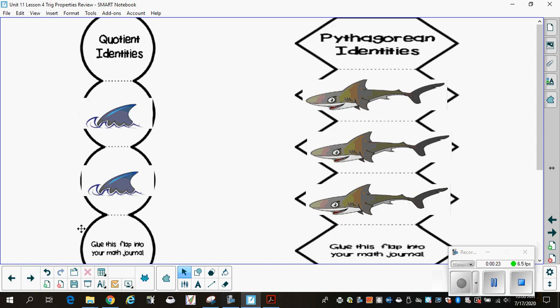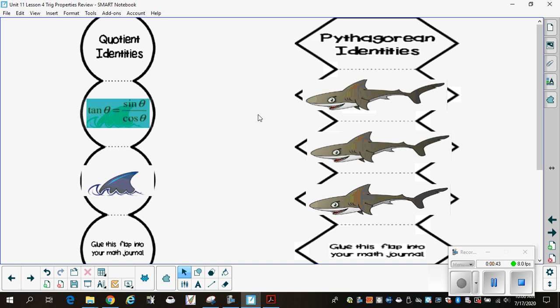You can cut out this snowman-looking shape, glue the flap into your journal, and then fold it on these dotted lines so that you can extend it, or not, whatever you prefer. So, quotient identities. These are things where a trig function is equal to the division of two others.